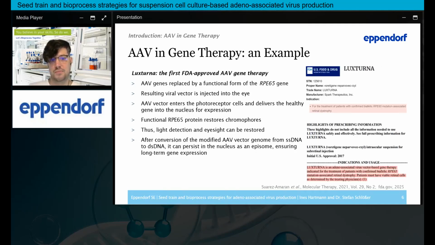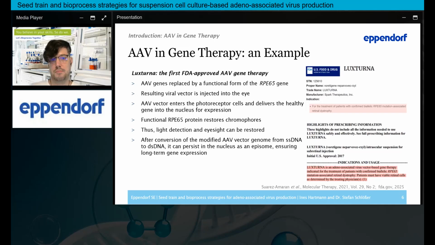And 8 years ago, in 2017, an amazing tool was introduced to treat this disease. It is called Luxturna and is the first FDA-approved AAV gene therapy. To just explain it quite simply, AAV is here engineered in a way that the viral genes are replaced by a functional RPE65 gene.